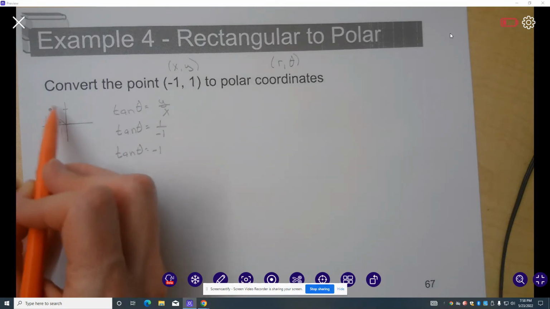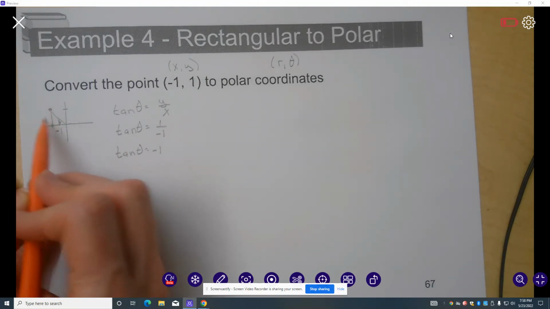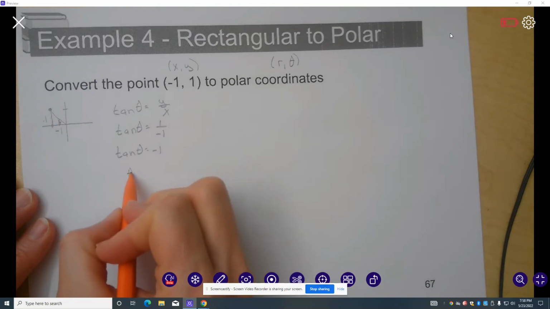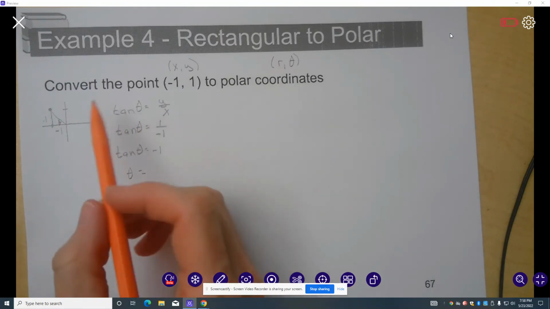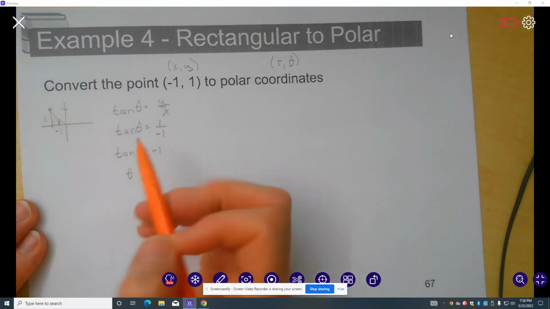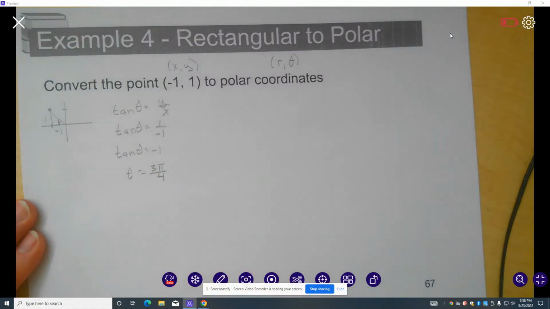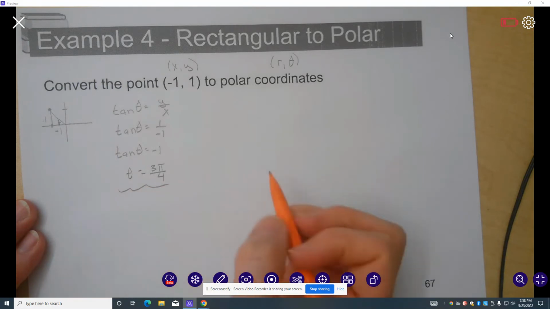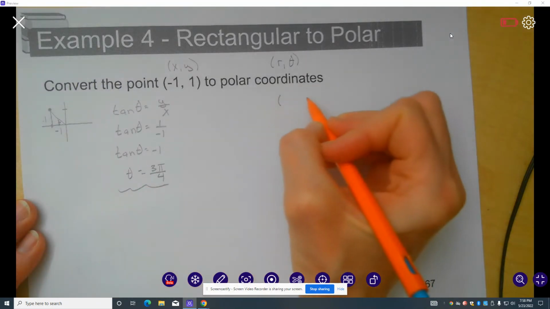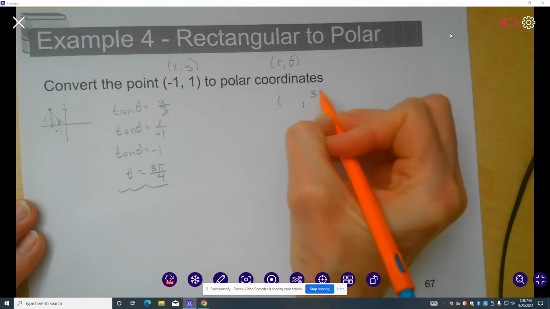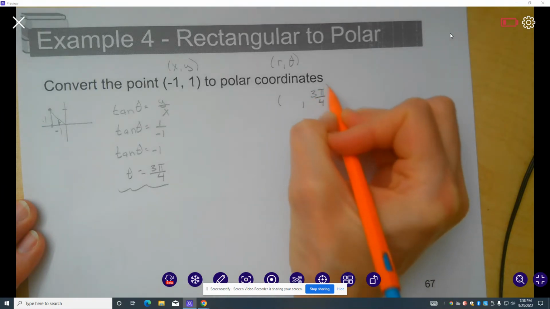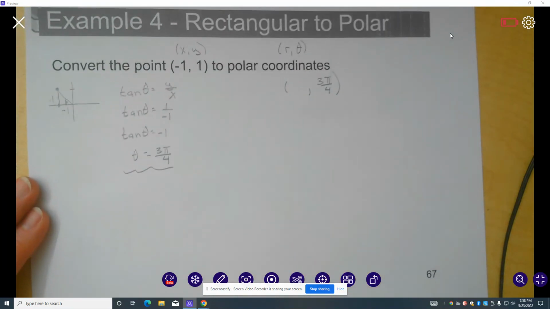I know that my triangle is in this quadrant, so I'm going to say theta is equal to 1 pi over 4, 2 pi over 4, 3 pi over 4. So that's my theta. So that's half of my coordinate point. I'm going to actually put my answer up here. That is my theta. And now I need to find my r.